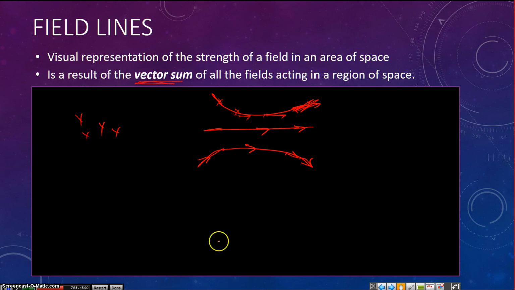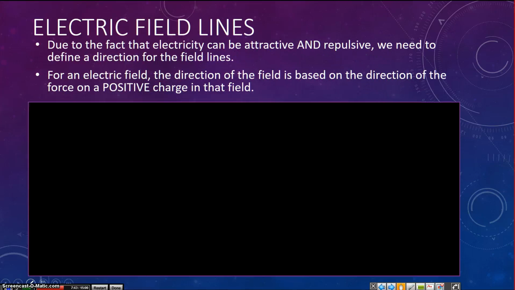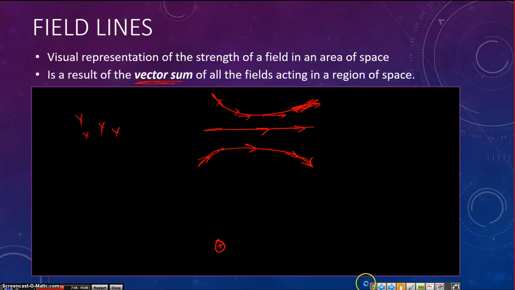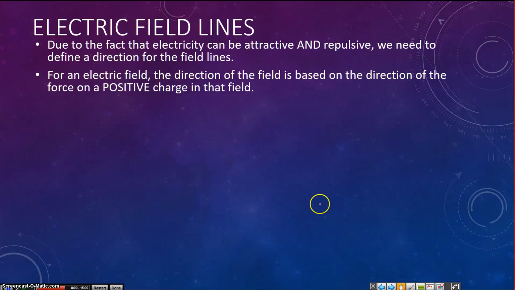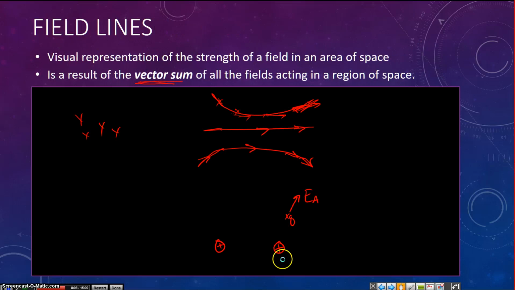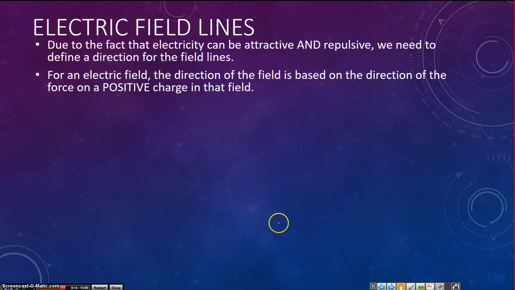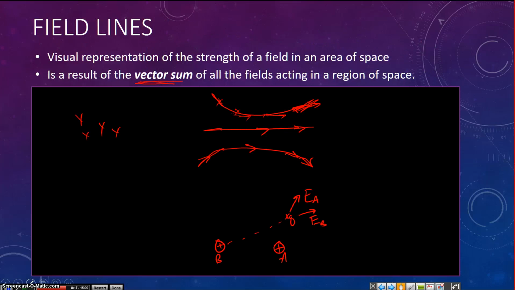So if I had, say, a charge here, our charge Q, maybe the field due to this charge might be pointing away. I'm going to call this EA, which is an evil video game corporation, but it works. All right, so there's charge A. And then maybe this is B. And so EB would be pointing maybe this way, because if I have a positive charge there, it's going to point in the opposite direction.